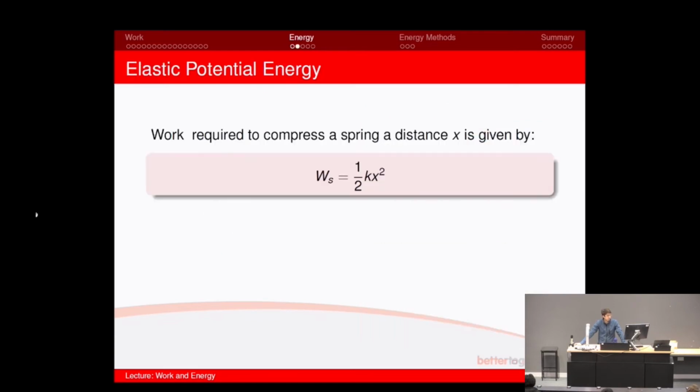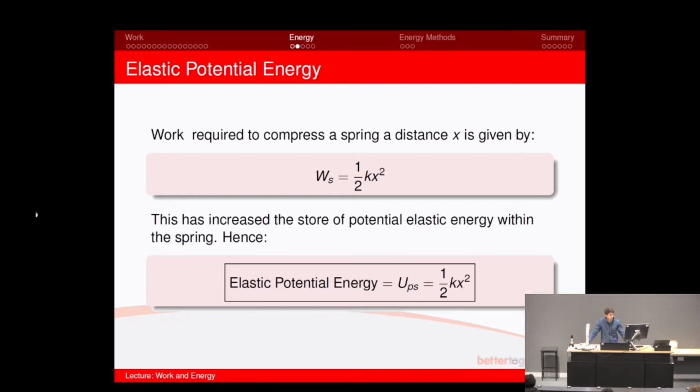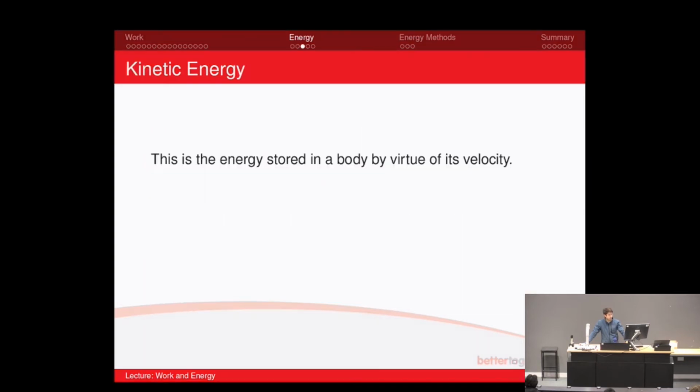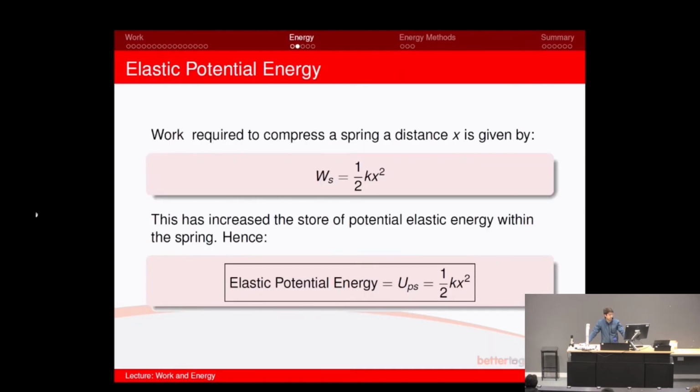Similarly for elastic potential energy, like I said, that's for a spring or an elastic band. To calculate the work it is half kx squared, and that is also an indication of its potential. So if we increase the store of elastic potential energy in the spring, that is the equation.